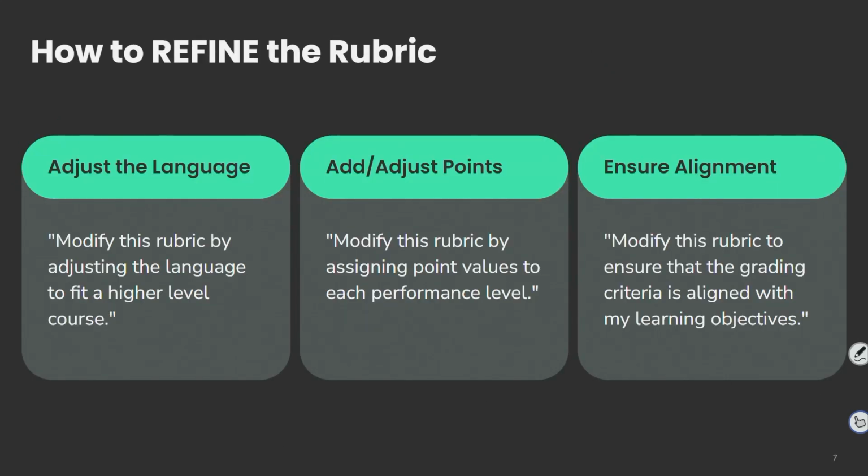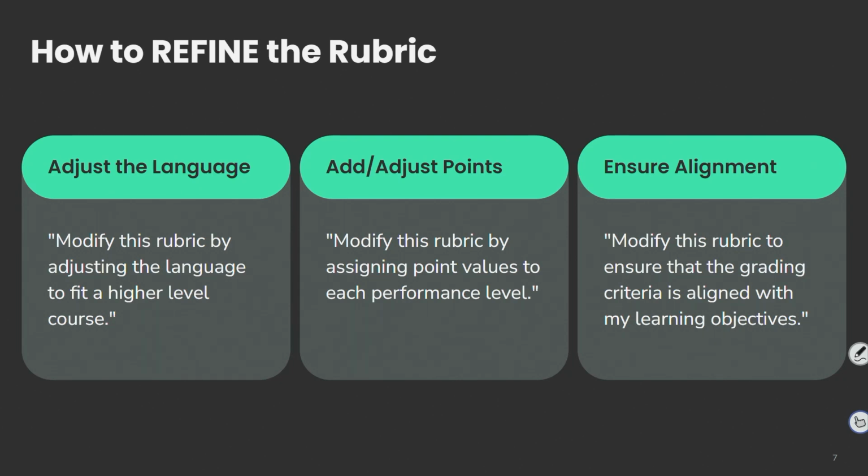So let's talk about how to refine the rubric. Once you have a rubric from Copilot, you can adjust the language, add or adjust points, or ensure alignment. There's much more ways you can refine, but these are just 3 I'm going to touch on. So let's say, for example, you're teaching a graduate level course, and this rubric has kind of lower level language, and you want it to be more advanced for your students.